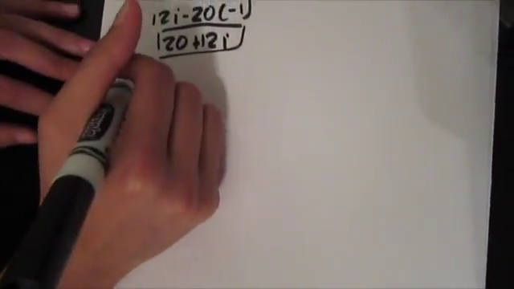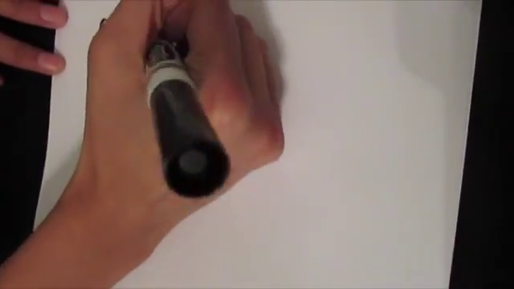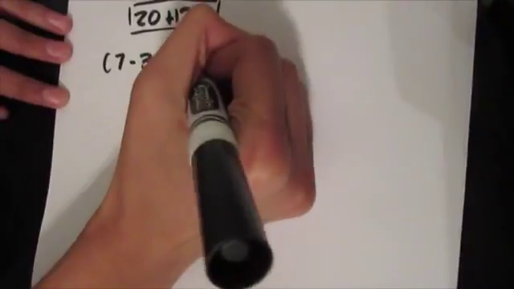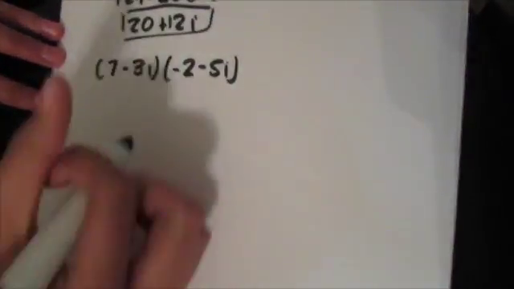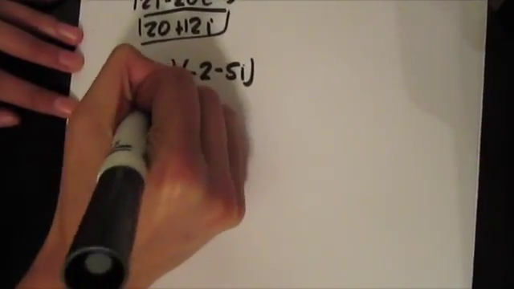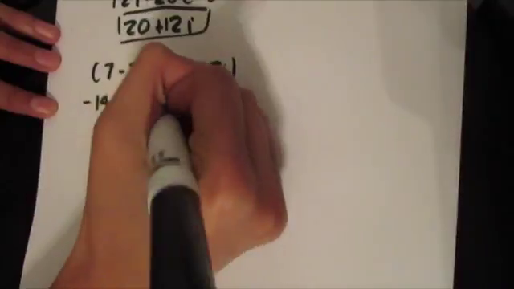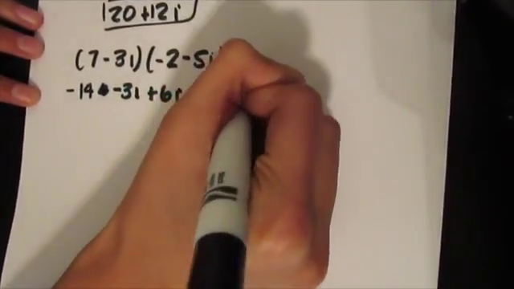The next example we have is 7 minus 3i times negative 2 minus 5i. We will be using the FOIL method, so we will have negative 14 plus 35i plus 6i plus 15i squared.